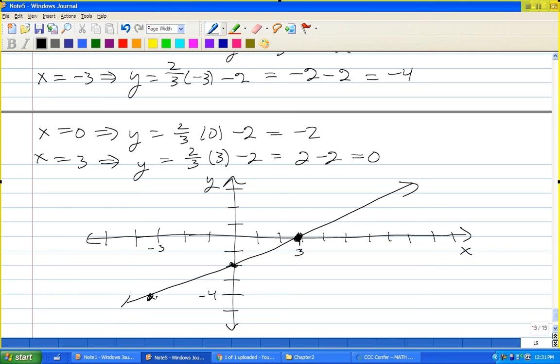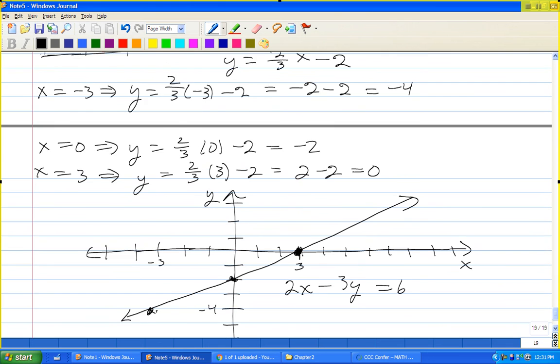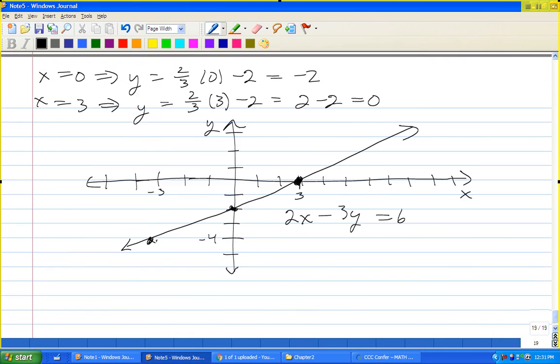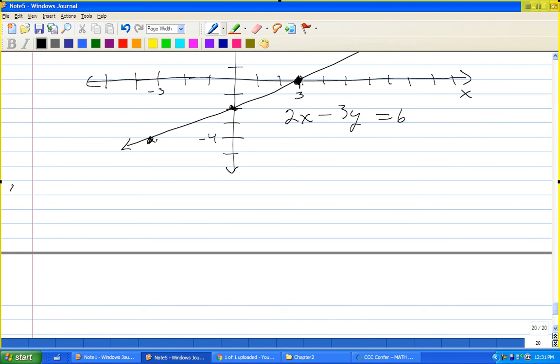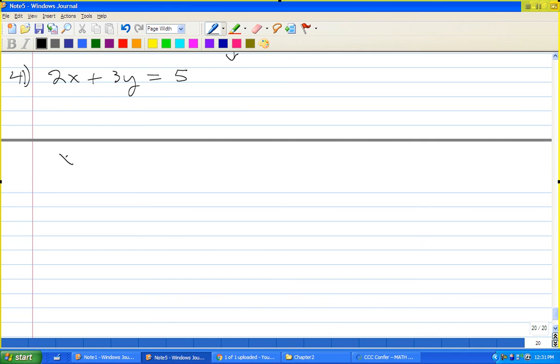Okay, so this is the graph of 2x minus 3y equaling 6. And we do 41. 2x plus 3y equals 5. So let's pick some values here.